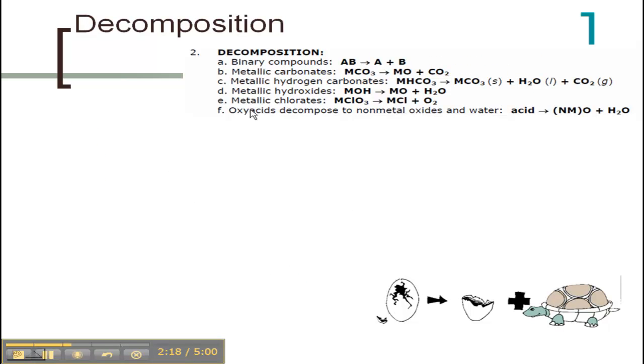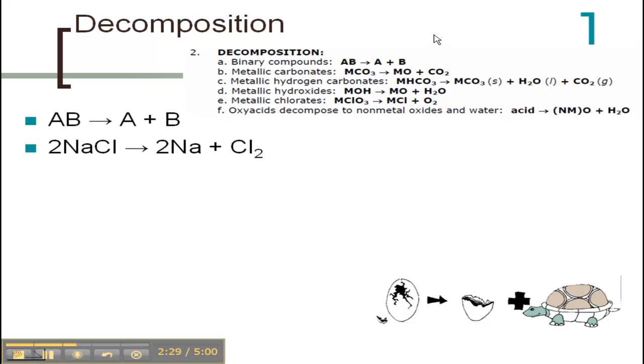Decomposition, there's several types you can see here. The basic type is you take one compound made of 2 elements and break it down into those 2 elements. So sodium chloride would break down into sodium and chlorine. A metallic carbonate, where you have a metal and a carbonate ion, is going to break down into the metal oxide and carbon dioxide.